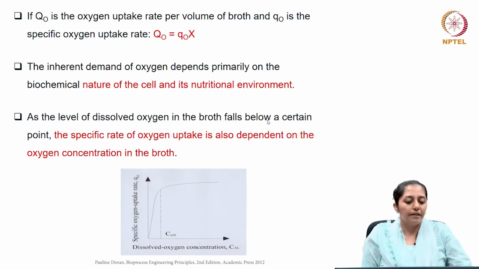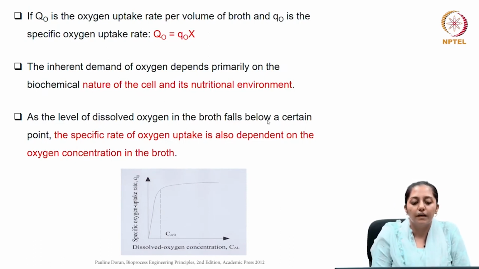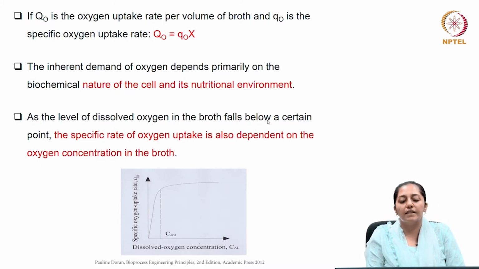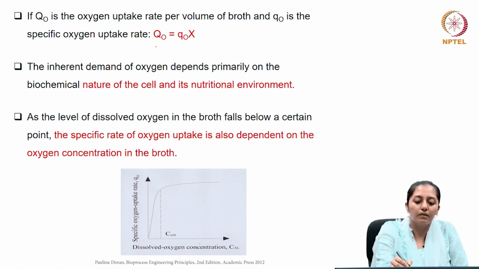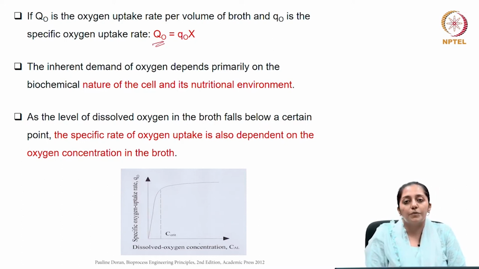If you can see on the slide, capital Q naught can be defined as the oxygen uptake rate per unit volume of the broth, and small q naught is defined as the specific oxygen uptake rate, meaning the oxygen demand per unit biomass.